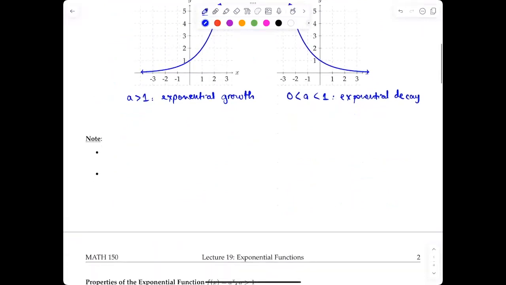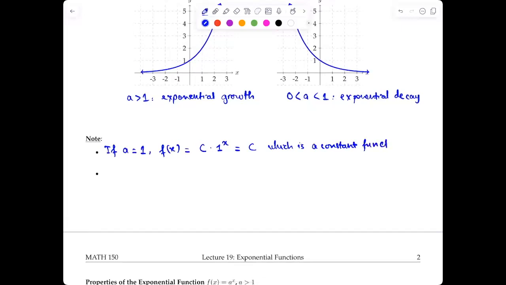Because if A is equal to 1, you have f of x equal to c times 1 to the power x, or equal to c, which is a constant function and not an exponential function. That's why we avoid a equal to 1.